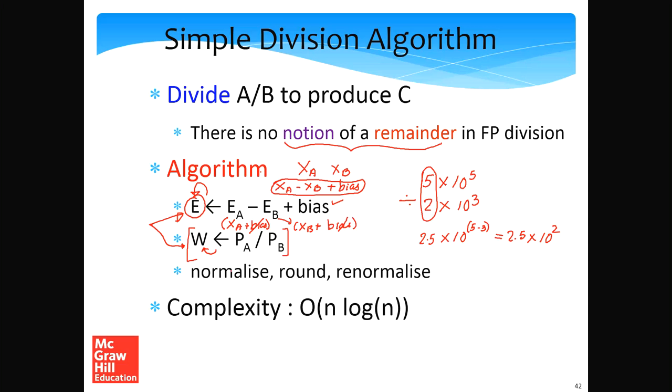After this, we normalize the result. If some bits were discarded, we do some rounding, and then we renormalize. So these three steps will always be common in all floating point algorithms. It's not just addition or subtraction, it's also multiplication, division, and anything else: the final output has to be normalized.